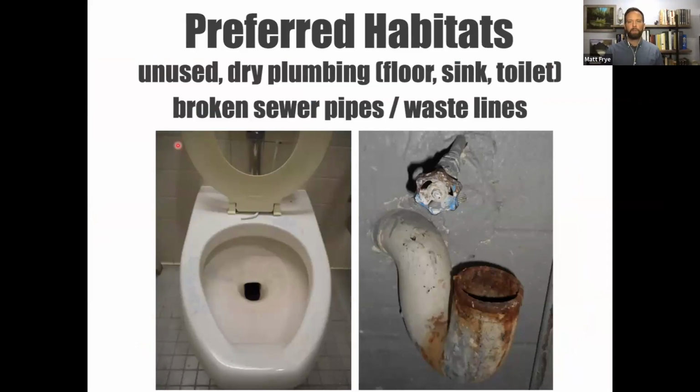So one of the easiest ways to prevent them from coming up into your bathroom, if you have had that experience, is to ensure that pipes that are no longer in use are capped, that there's good seal at the wall where pipes go into walls, and if there's an unused or infrequently used toilet in your basement, for example, that you make sure that it gets flushed at some regularity to maintain water in that structure so they can't easily climb up. They're very commonly associated with broken sewer pipes and waste lines.